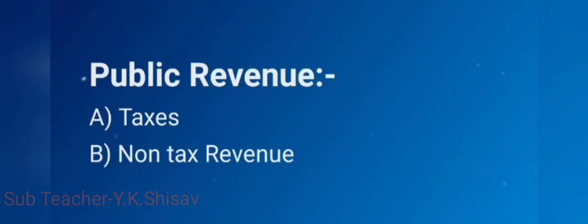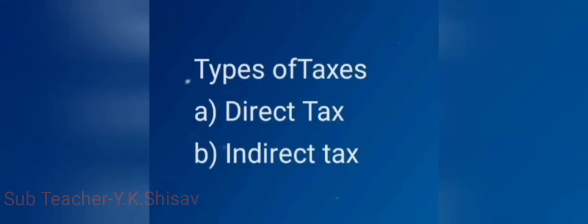So students, we see types of tax. There are two main types of taxes: direct tax and indirect tax. So let us see in detail. First, direct tax. What do you mean by direct tax? It is paid by the taxpayer on his income or property.